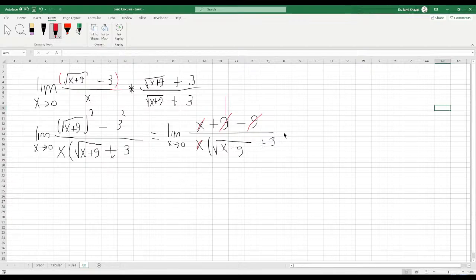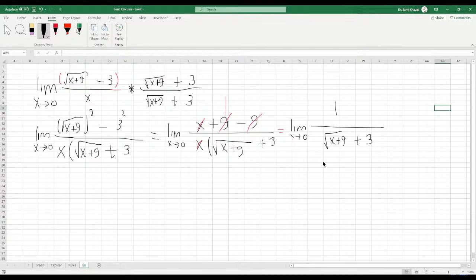My final answer here will be equal to the limit of x approaching 0 of 1 over the square root of x plus 9 plus 3.